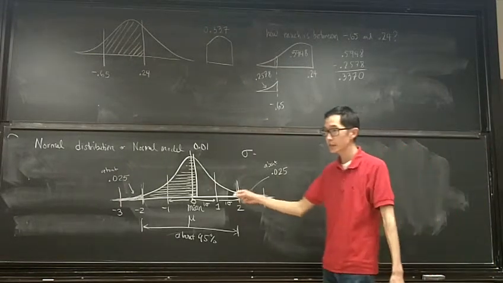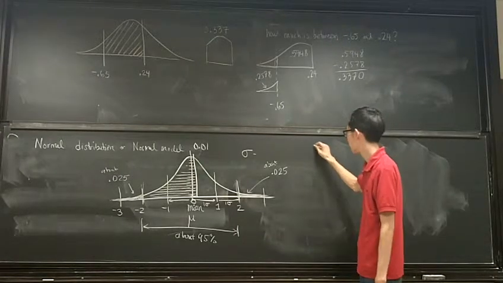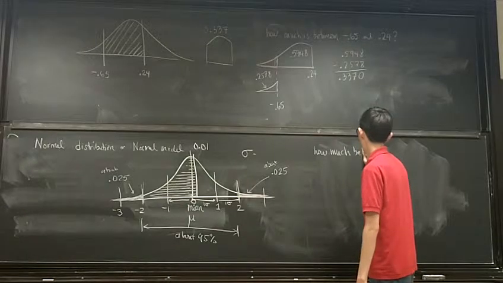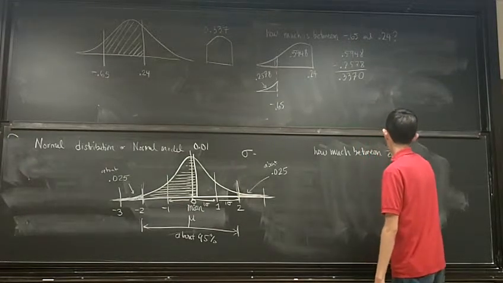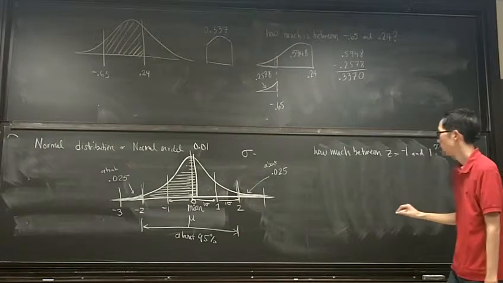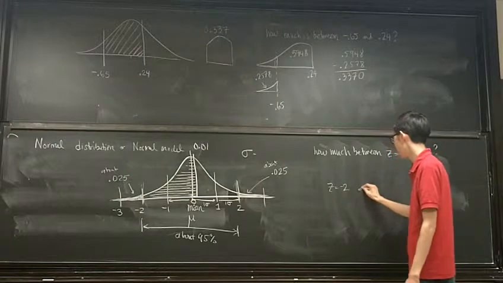Alright, what if I said how much is in between z equals -1 and 1? How much is in between z equals -2 and 2?